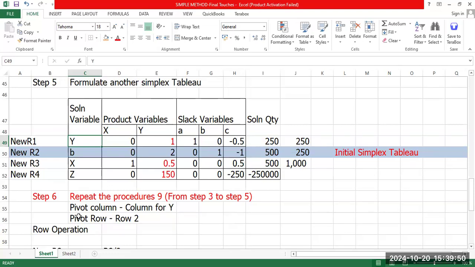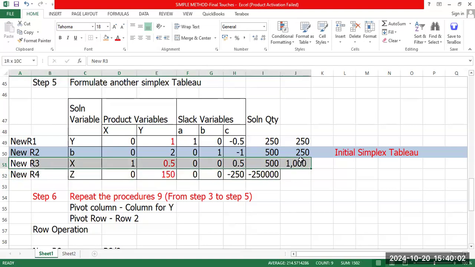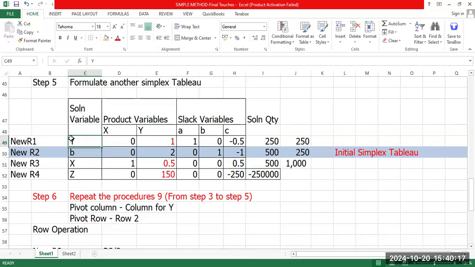You cannot override again the pivot row. No, the pivot row will remain as pivot row. Let's say if at all we confirm that again this row is pivot row, we cannot again change this. No, because this was the result of pivot row. You cannot again change it.